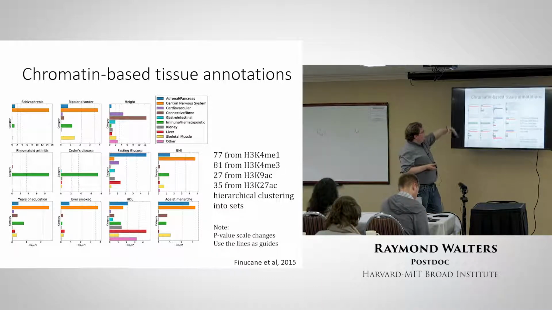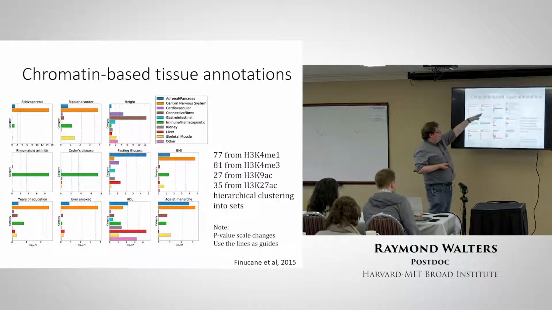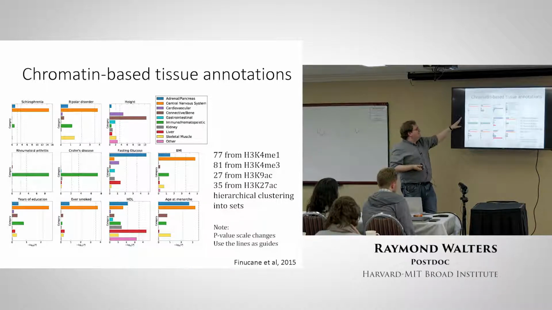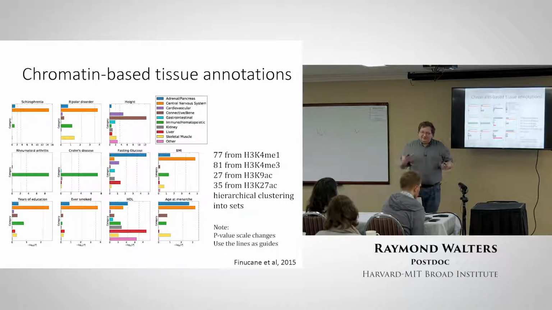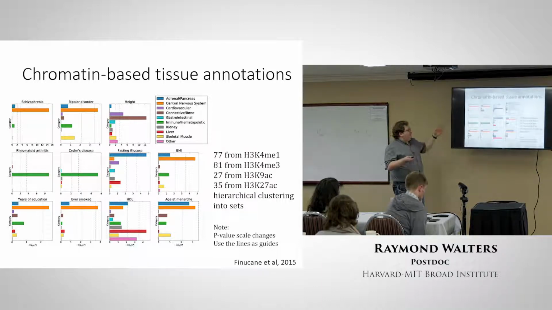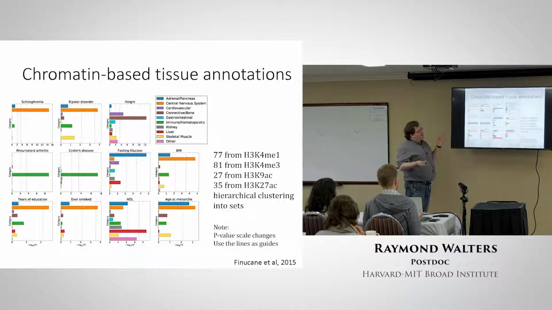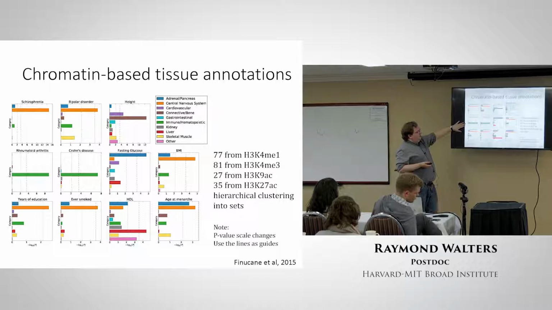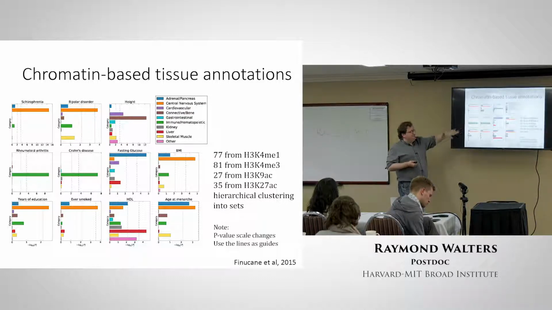And we see similar signal of central nervous system in bipolar and in years of education and even in smoking. BMI as well is perhaps a little less expected. But versus other things where maybe we don't expect the central nervous system to have an impact, we can instead see contributions from, for example, immune system in rheumatoid arthritis and in Crohn's disease, maybe being more where the relevant tissue matters to heritability per SNP, that's where the signal is coming from.